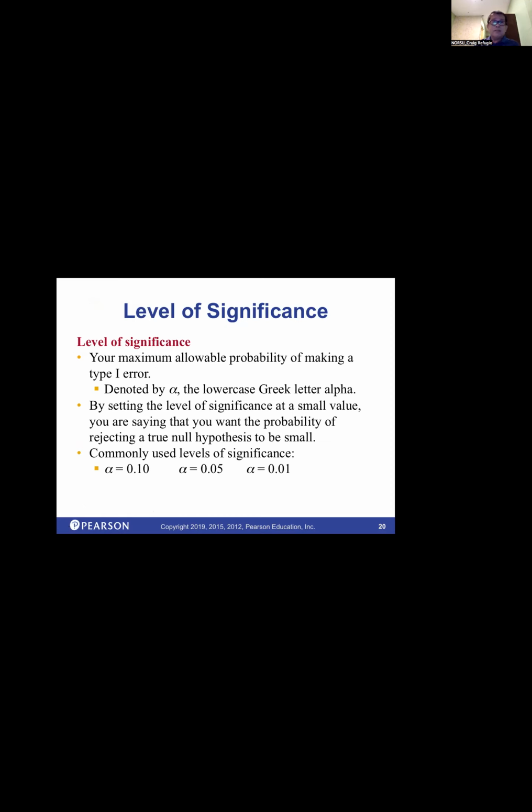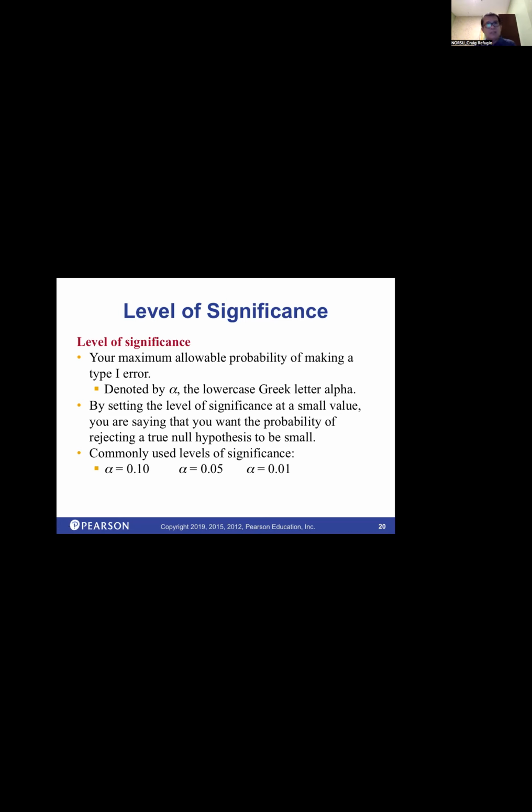The common symbol is the Greek letter alpha. In some books it is significance level, in others level of significance.